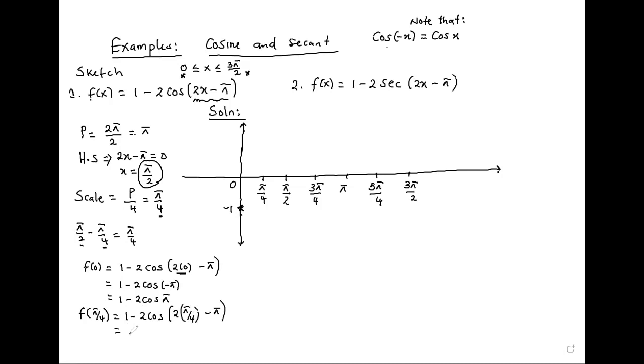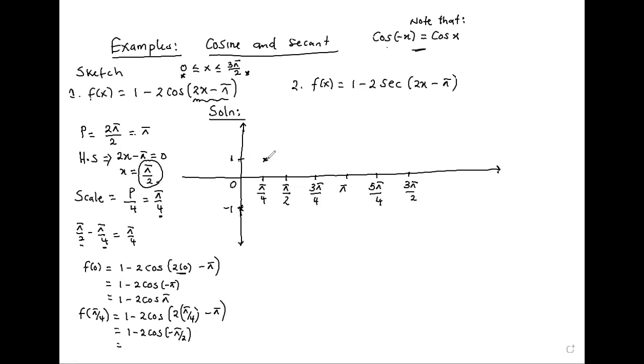So this is 1 minus 2 cos 90 minus pi, that is minus 90. So from here, we're just dealing with 90, and cos 90 is 0. So we have 1 minus 0, which is just 1. So we get 1 here. Now let me put it a bit down. So we get 1 here.